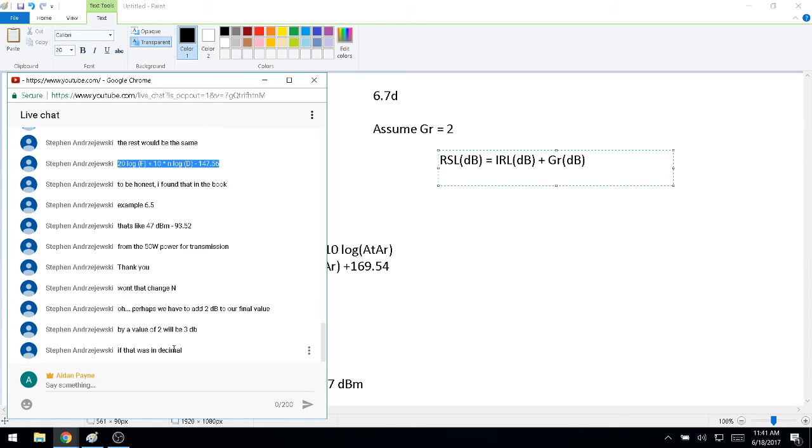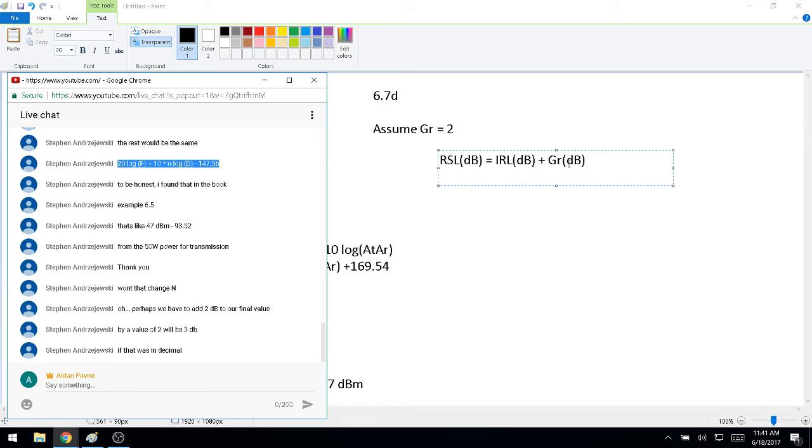And so, but yes, Stephen says if our antenna gain is just 2, which it is because it's not told that it's in dB, we have to add in 3 dB to our final answer. Because if we're doubling the power, which is what a gain of 2 does, we have to increase the power by 3 dB.